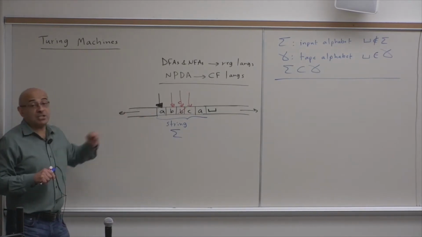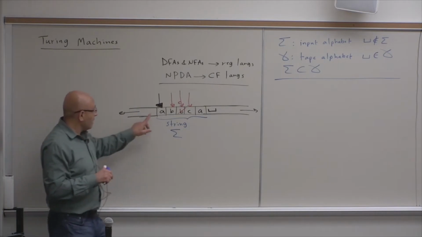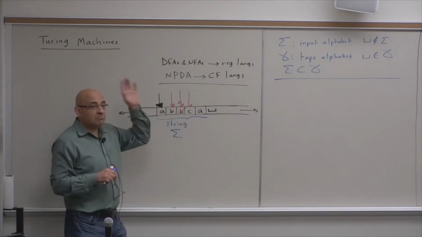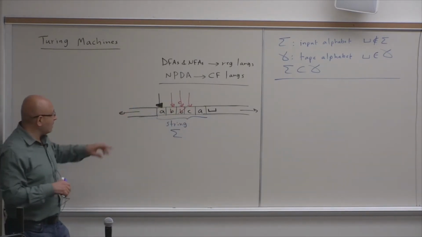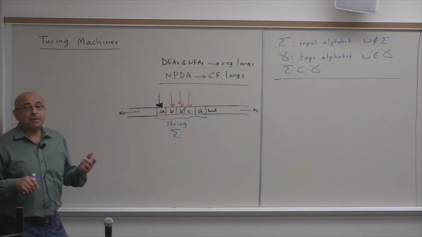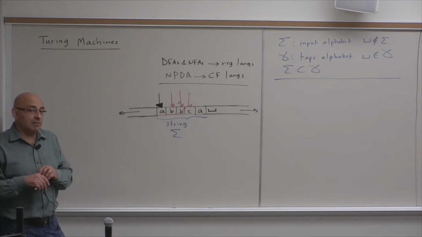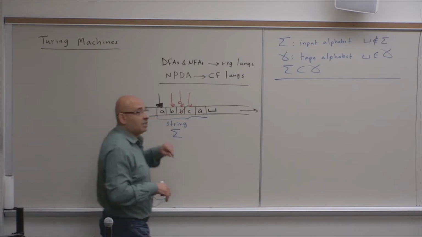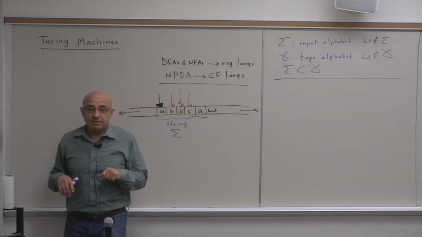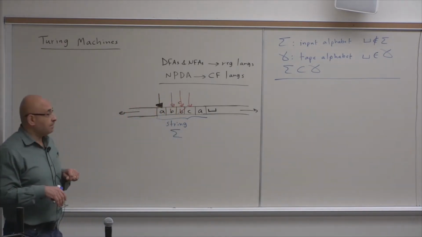Now, in a Turing machine, the Turing machine can process or can touch each symbol multiple times, an unlimited number of times, which means that a Turing machine may not terminate within finite time.